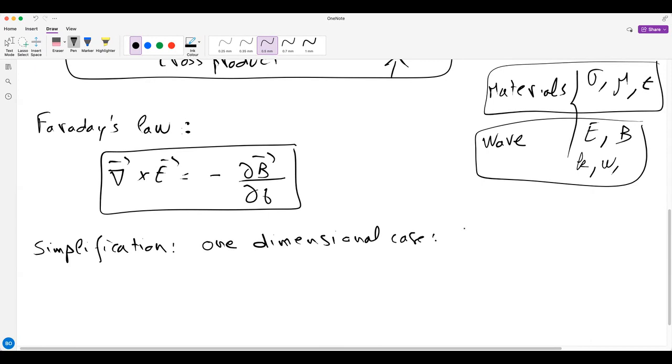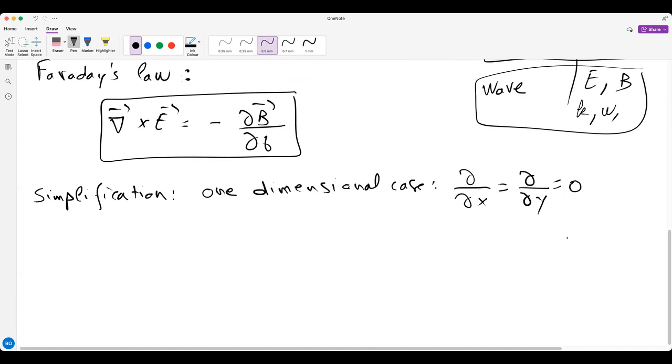One-dimensional means that we will not look at what happens along the y-axis and x-axis, which means the propagation of the wave will be along the z-axis. The second simplification, let's assume that the electric field has only one component along the x-axis.